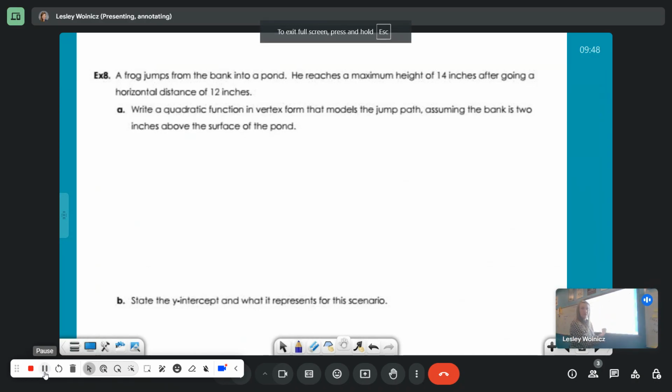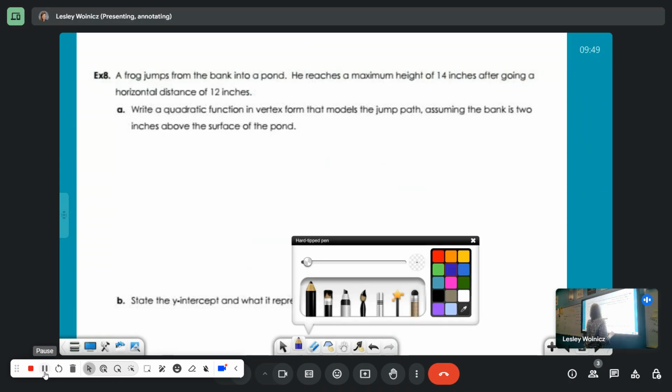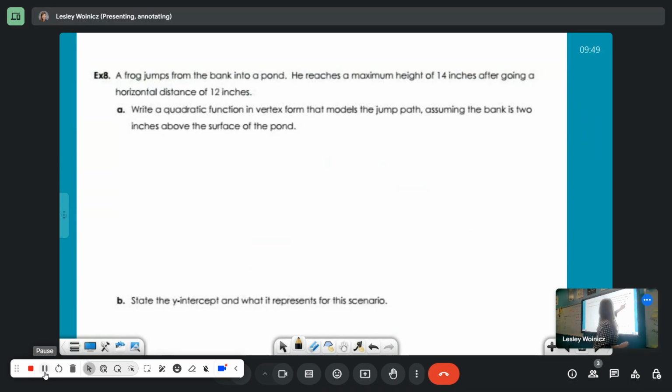Okay, we got a frog jumping from the bank into a pond. He's going to reach a maximum of 14 inches after going a horizontal distance of 12 inches. I'm going to draw my picture.